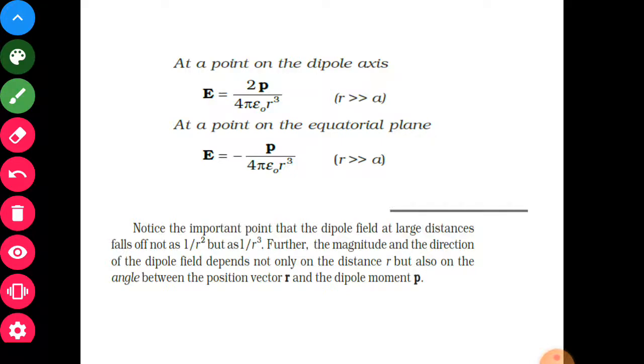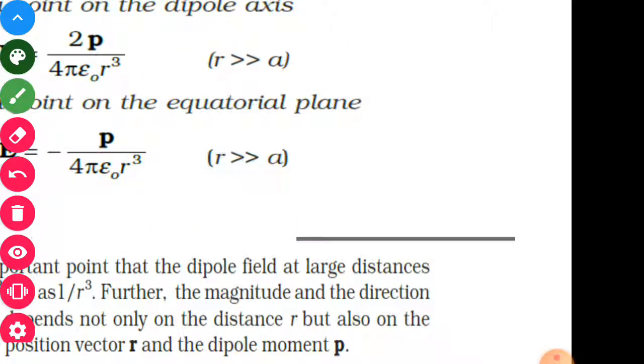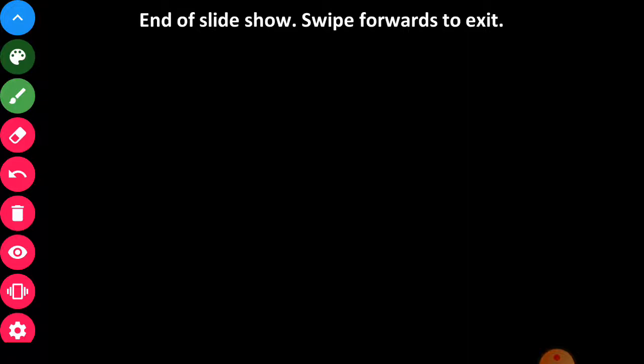On the axis, the electric field is in the direction of the dipole moment, and on the equatorial point, the electric field is in the opposite direction of the dipole moment. That we had already studied.